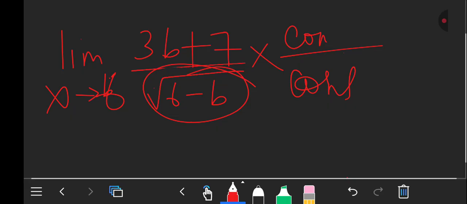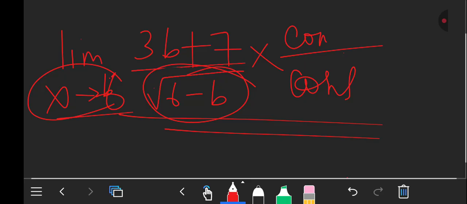Then once you evaluate that, something will cancel at a certain point, or even if they don't cancel, once you've evaluated by multiplying by a conjugate, then you substitute x as it approaches 6, you'll be able to find the value, unlike this kind of a situation.